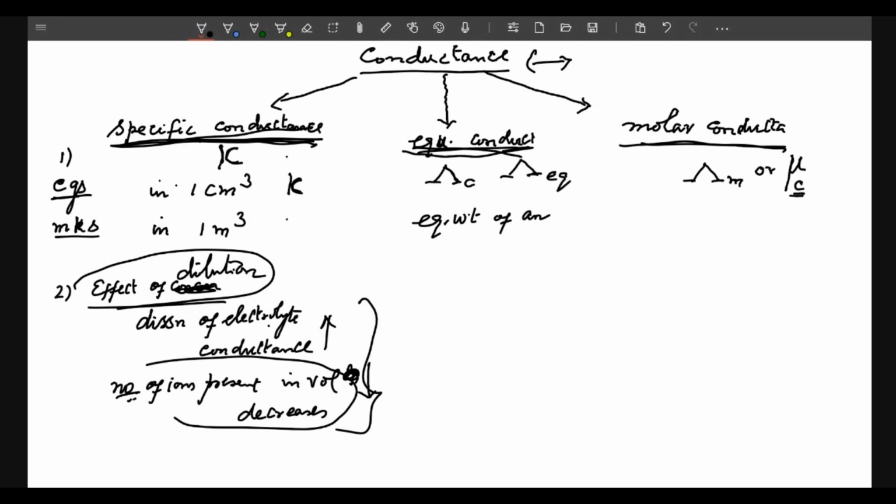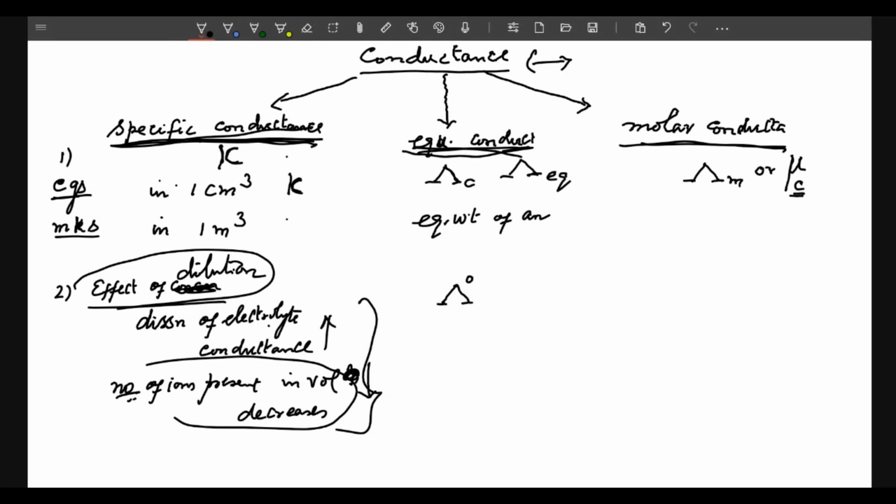But in the case of equivalent conductance, upon dilution, the conductance goes on increasing. So is the case with the molar conductance. This dilution ultimately gives us one parameter called limiting equivalent conductance. What do you mean by limiting equivalent conductance? Limiting means that is the end of the conductivity of the solution.